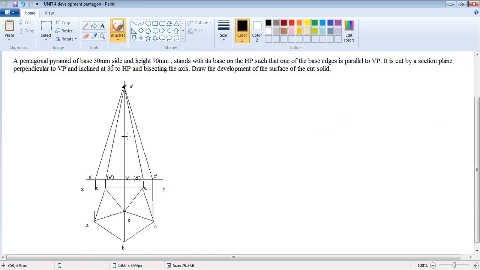At this 35 mm point, we place the protractor and measure 30 degrees. The plane will pass through all the longer edges of the pentagon.